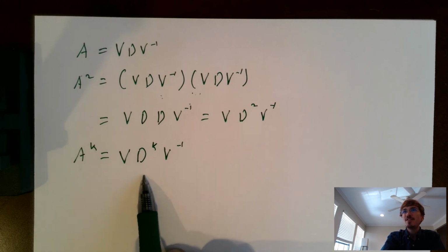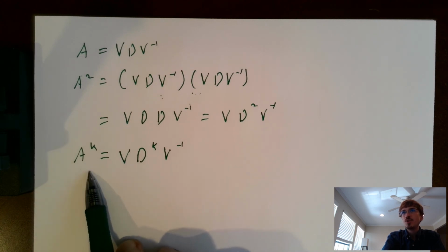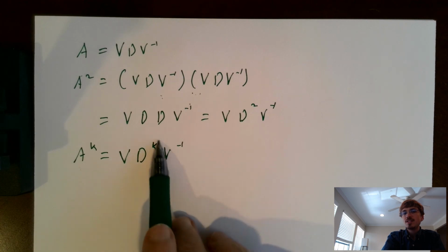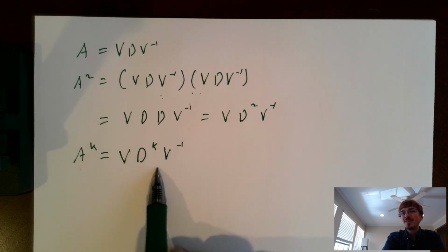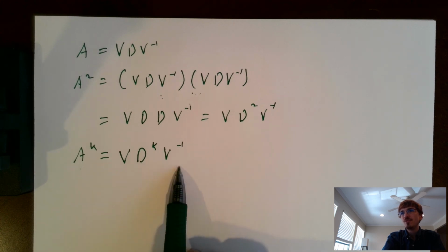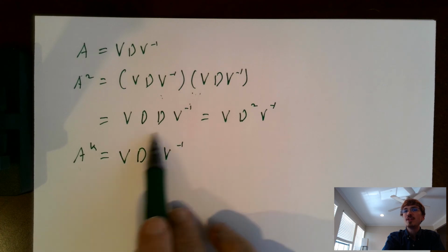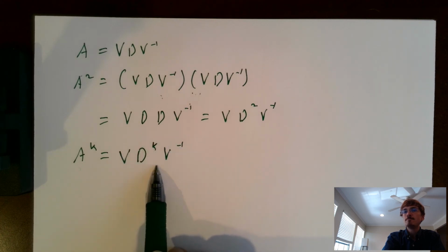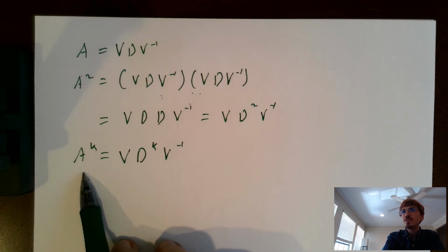But if you have its diagonalization, raising a large matrix to a large power is simply raising the diagonal elements to a power and then multiplying by V and V inverse. So if we can get a computational way to quickly and efficiently compute the diagonalization, raising matrices to large powers is very, very easy.